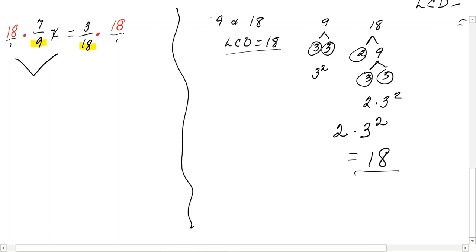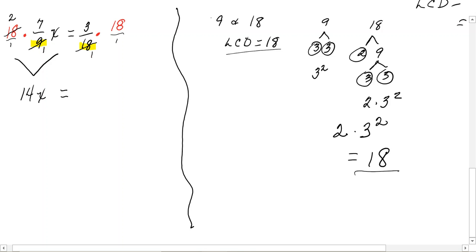Well, since 18 is the LCD, the little denominators have to divide into it. 9 goes into itself once, 9 goes into 18 2 times, 2 times 7 is 14, and there is an x, so it's 14x.